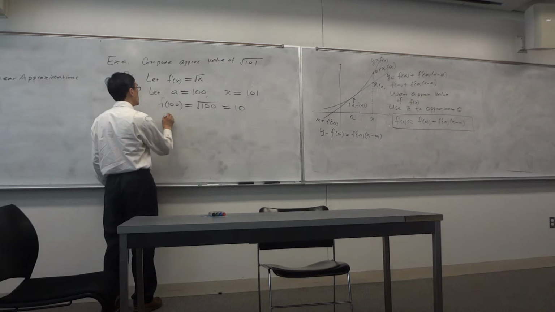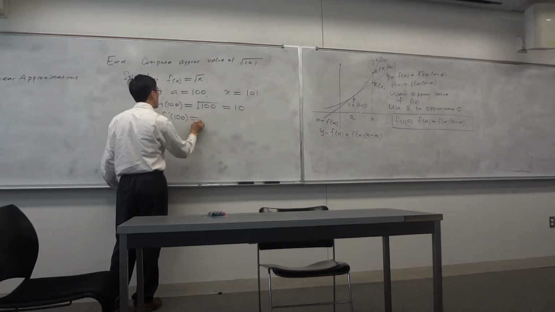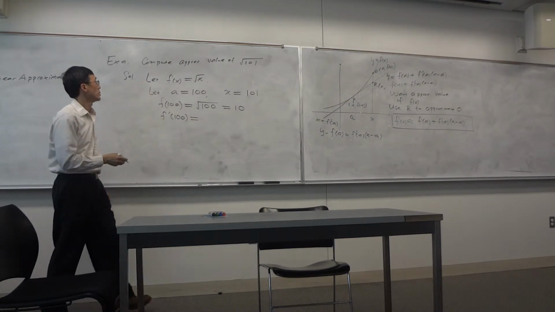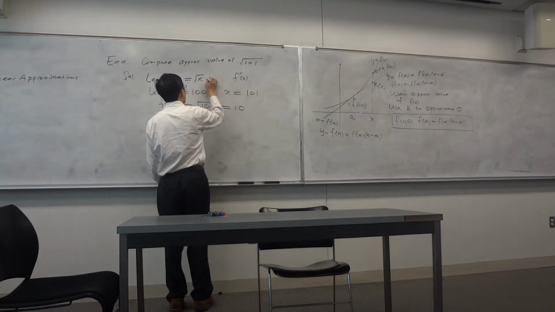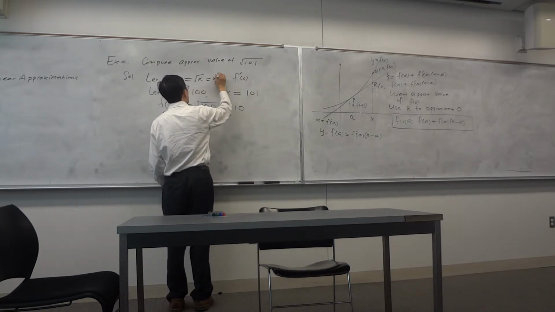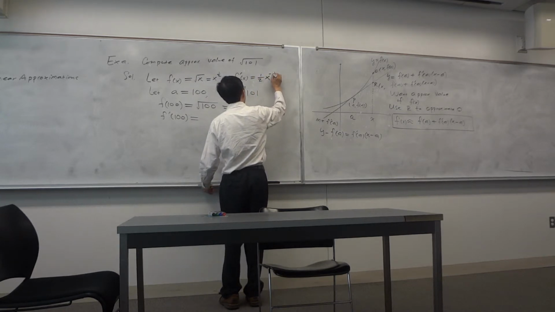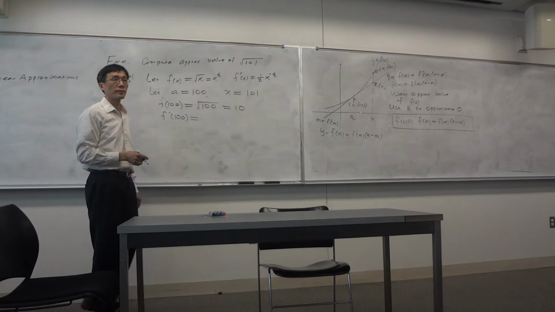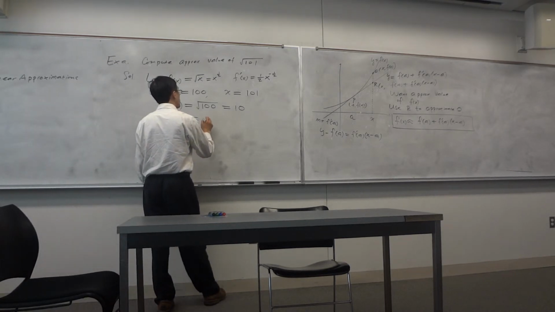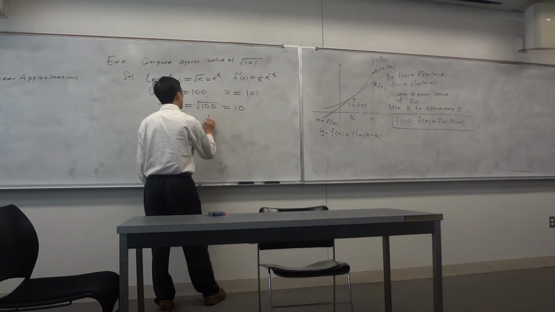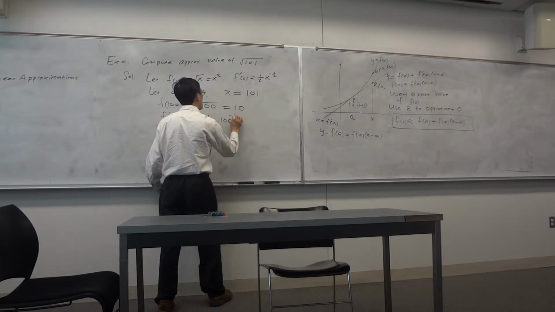Let's also compute f'(100). First you compute f'(x). You can easily compute f'. First you write f in the form x to the 1/2. So f'(x) is just 1/2 x to the negative 1/2, right? You substitute 100 into this, therefore 1/2 times 100 to the negative 1/2.